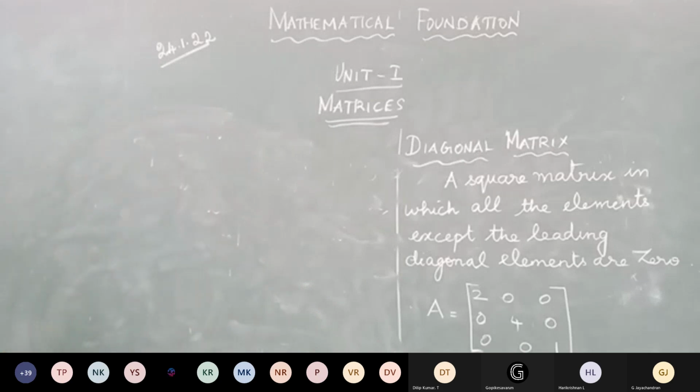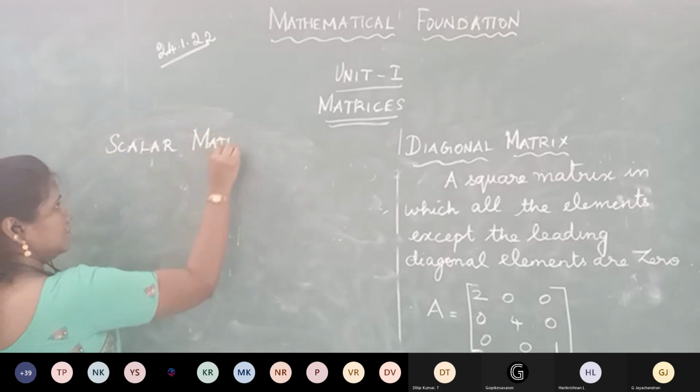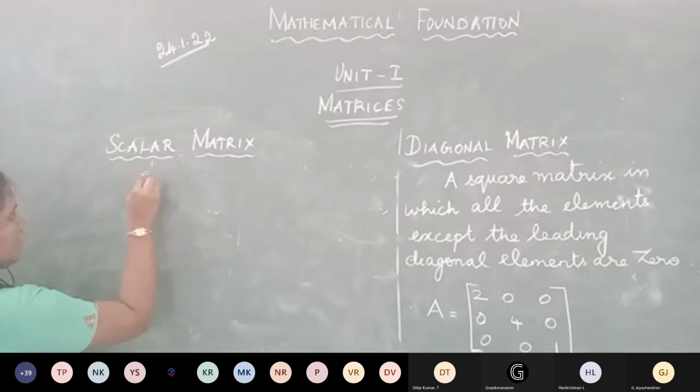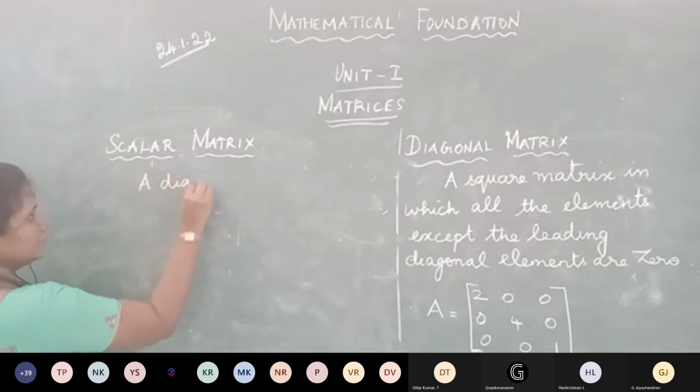After writing your diagonal matrix, write scalar matrix. So how do you write a diagonal matrix? The same way.